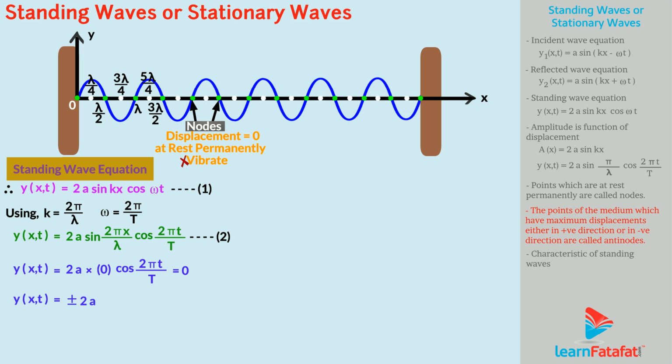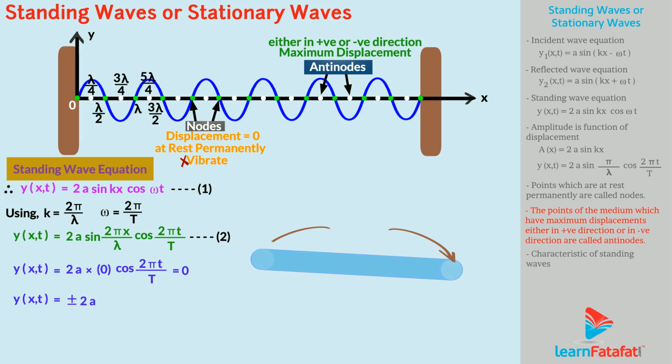Thus, the points of the medium which have maximum displacement, either in the positive direction or in the negative direction, are called antinodes. For example, at both ends of an open pipe, the vibration of air is maximum, and so these are antinodes.